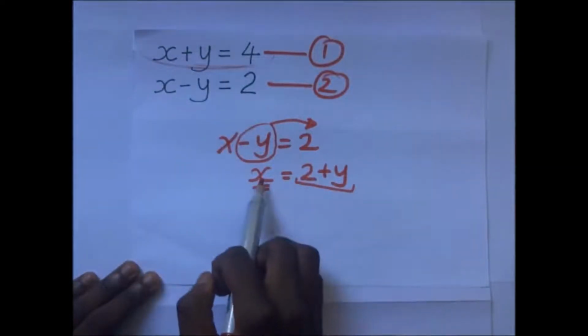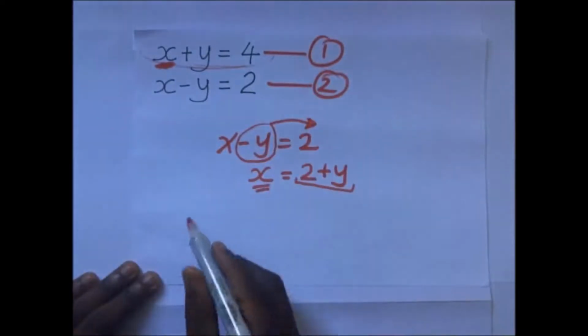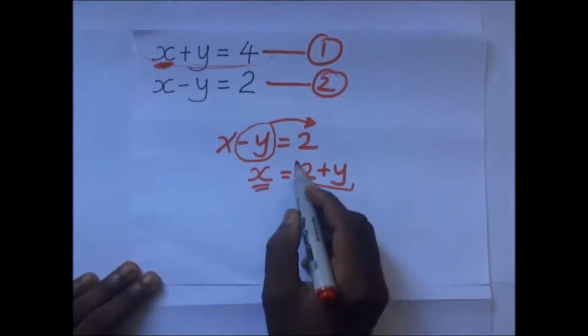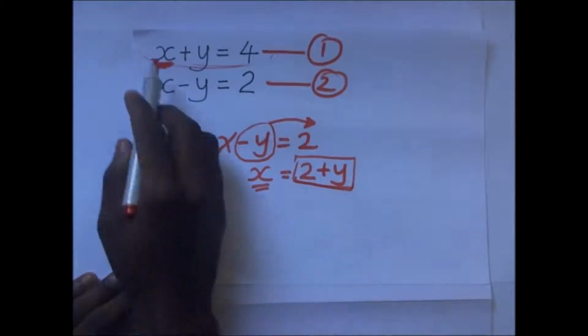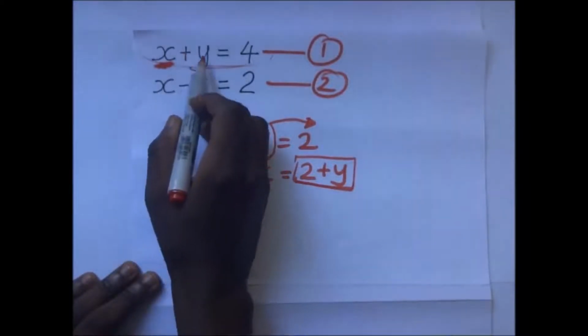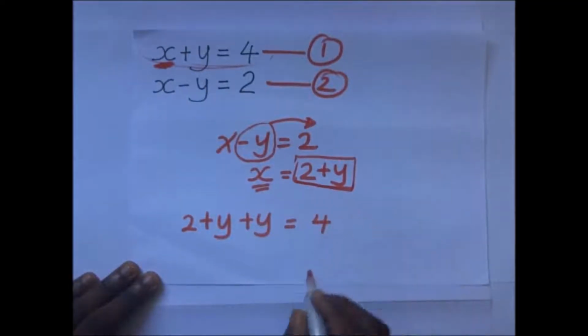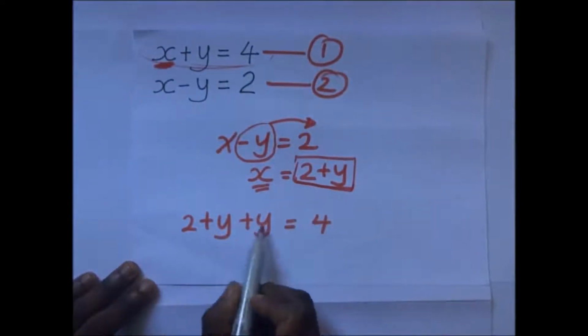So we substitute for the value of x at that spot. Our equation 1 becomes, where there is x, we put this expression: 2 plus y, then plus y, is equal to 4. We go ahead and solve for the value of y.